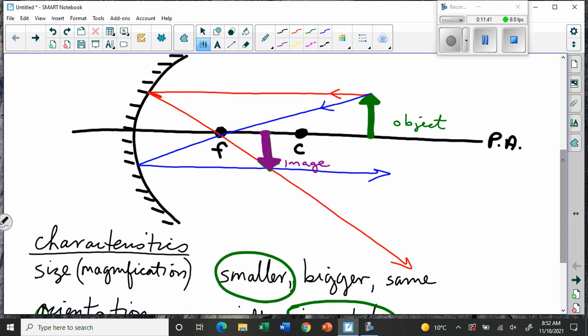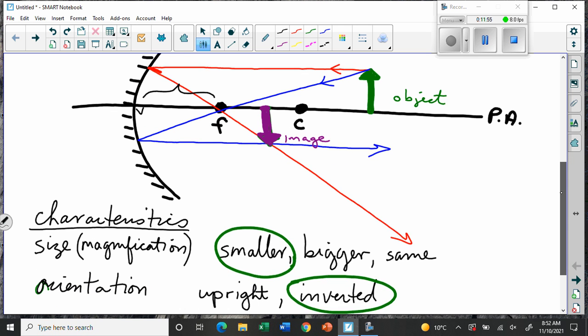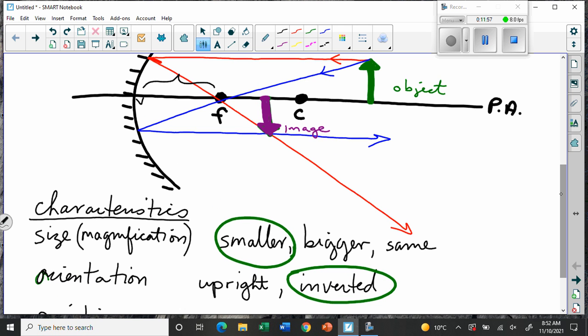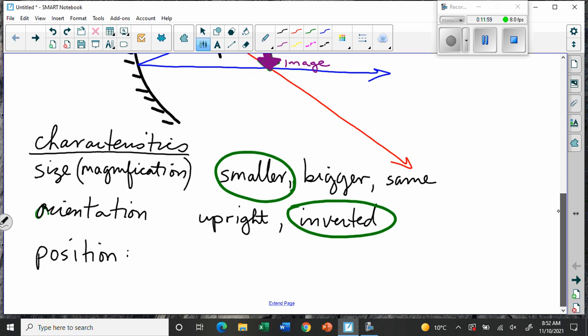So again, don't draw these things into your picture because it's confusing, but the image could be in here, and we would call that between V. Remember, this is the vertex V right here. That's between V and F. Or sometimes we just say inside of F. So that's one spot, inside F.